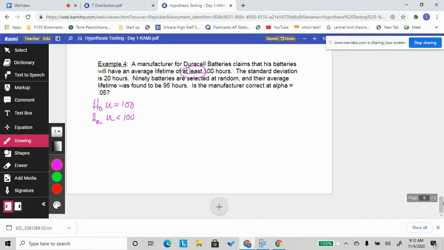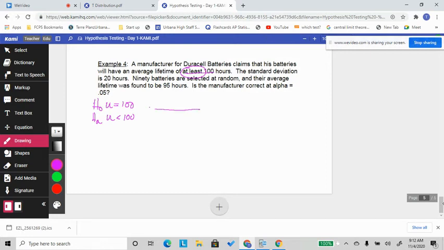Now here's why. If you're a researcher that is going to test against what Duracell says, you're not going to do a hypothesis test that agrees with them. You're going to do a hypothesis test that's the opposite of them. So we're going to say less than. And I'll show you ways to check yourself in case you did a greater than.